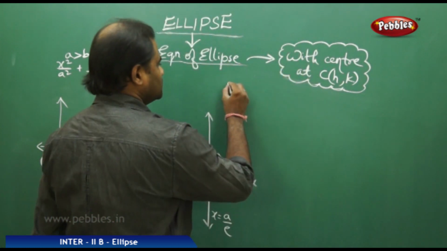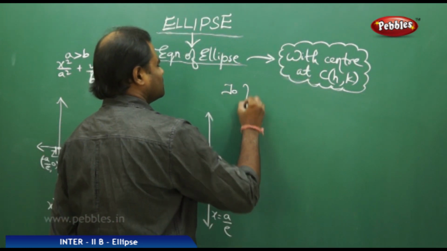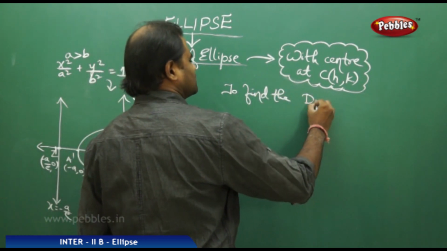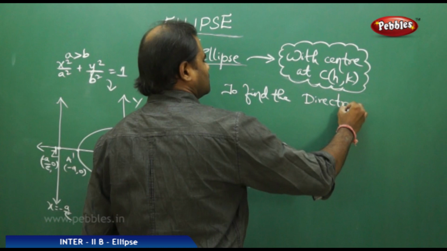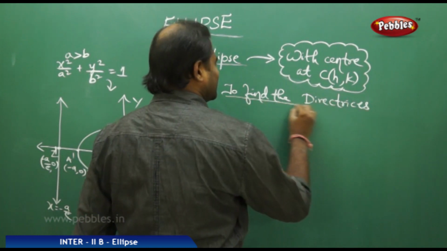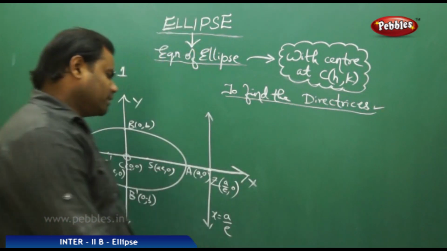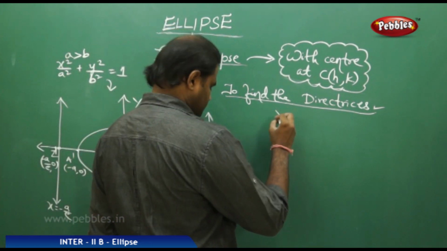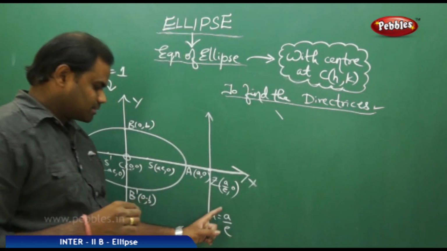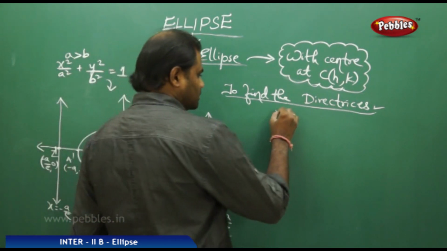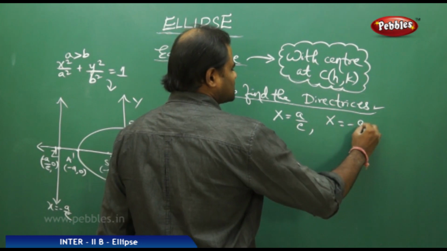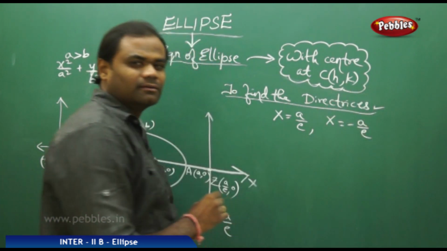Now next, to find the directrices L and L dash, I have my equations of directrices x equals a by e and x equals minus a by e.